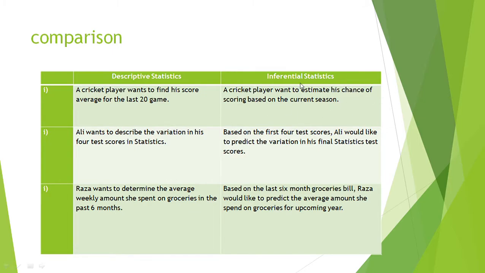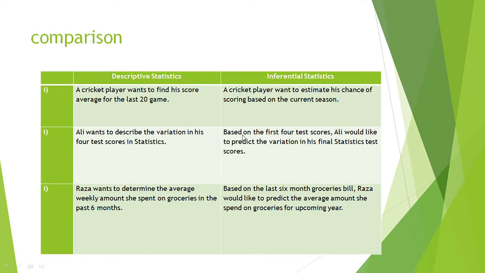He wants to predict, or estimate, his chance for the next season. And then the second example is Ali, who wants to describe the variation in his 4 test scores in statistics. Now he wants to know the variation. First the word average came here, and then variation in his scores, which he already has.